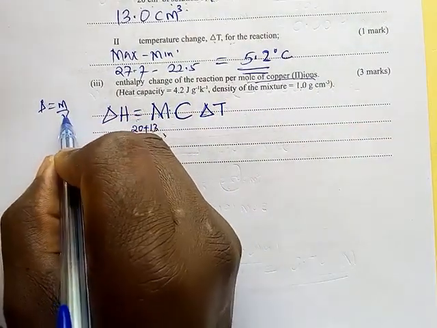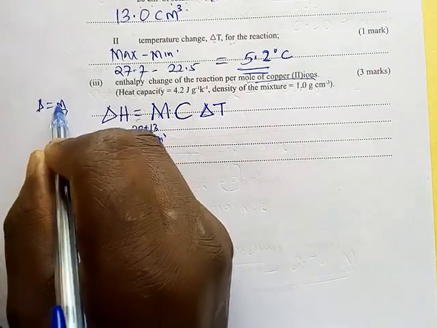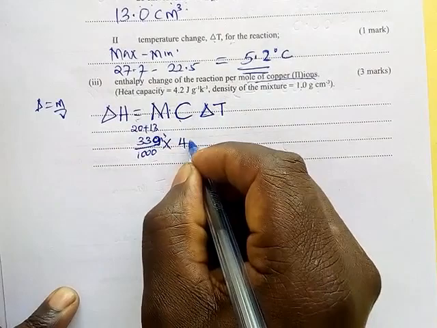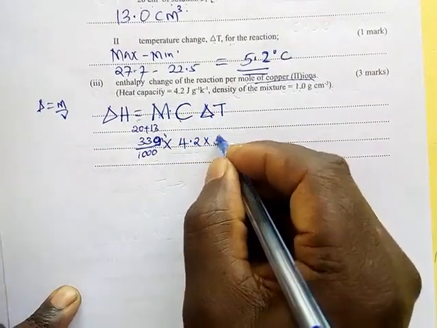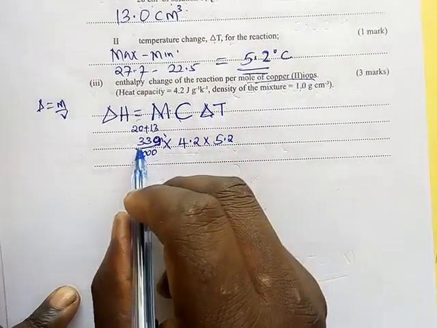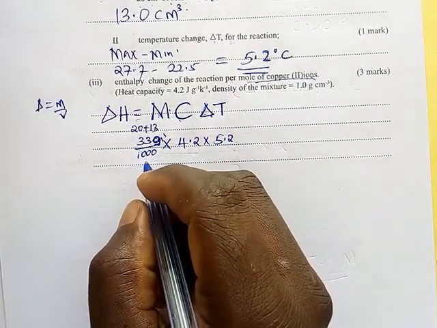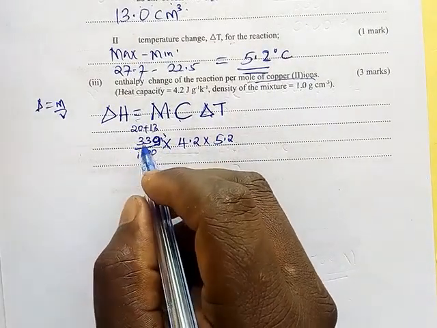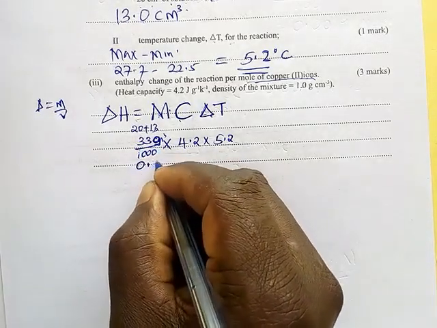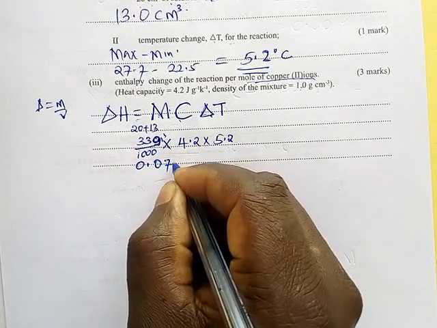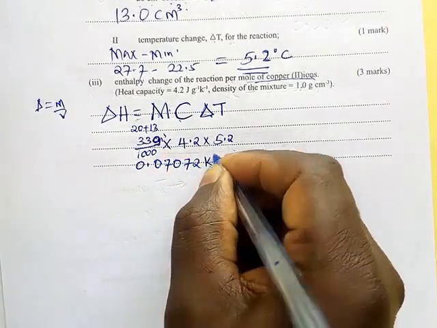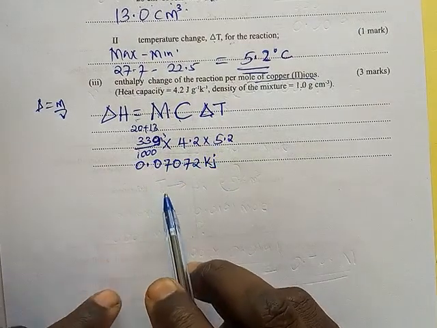So it is 33 grams times specific heat capacity 4.2 times temperature change 5.2. You take your calculator and multiply all this, and you will get 0.07072 kilojoules. Correct?